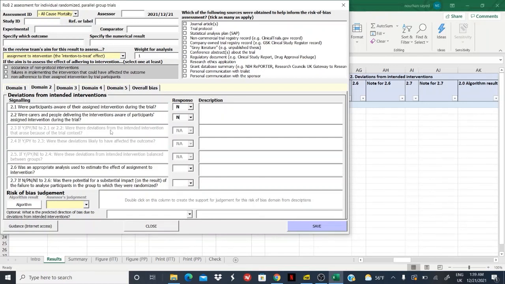Were there deviations from the intended interventions because of the trial context? Now, let's strike an example of this. Right? What does deviations from intended interventions mean? What it's trying to get at is additional interventions, for instance, aside from those intended by the trial protocol. So what could be an example of this?